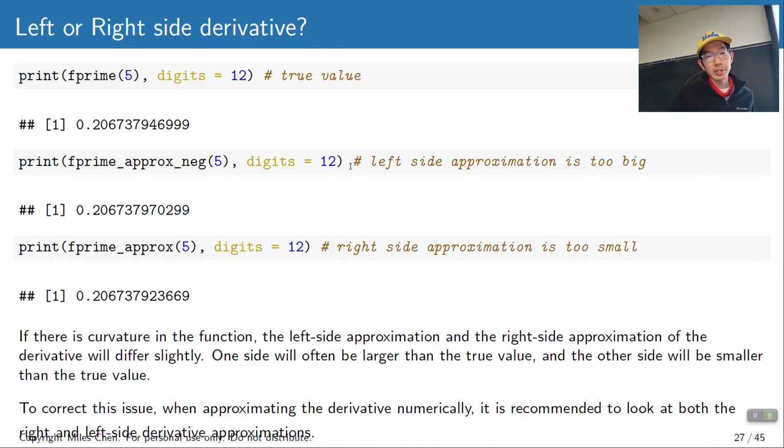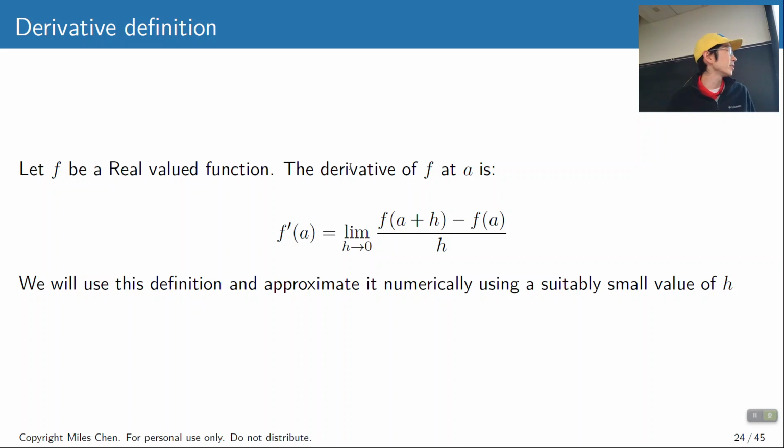You might look at the definition of the derivative and say, well, it's the limit as h goes to 0. And so there might be a temptation to say, hey, let's add the smallest h we can add. If I keep shrinking my h, we've got to get more and more accurate values.